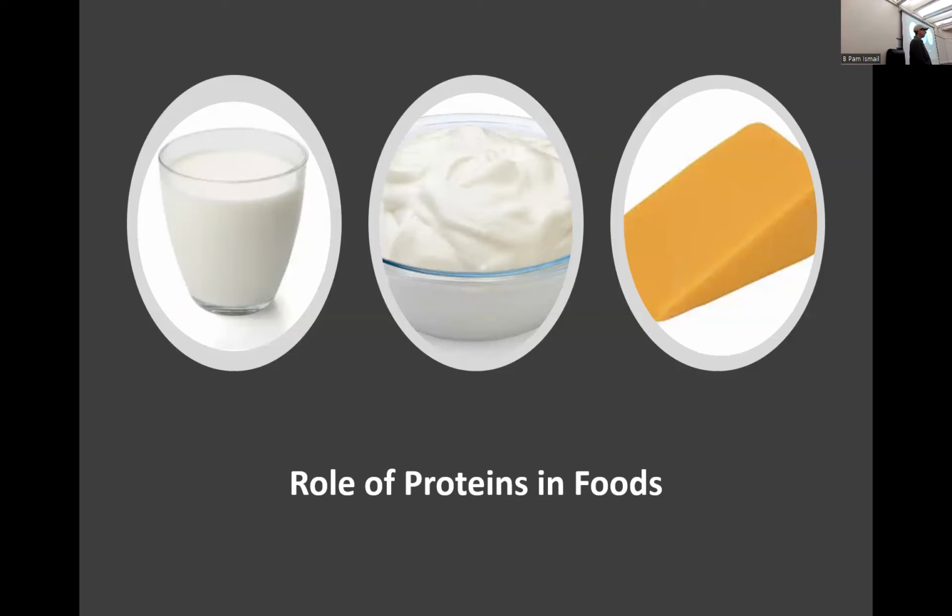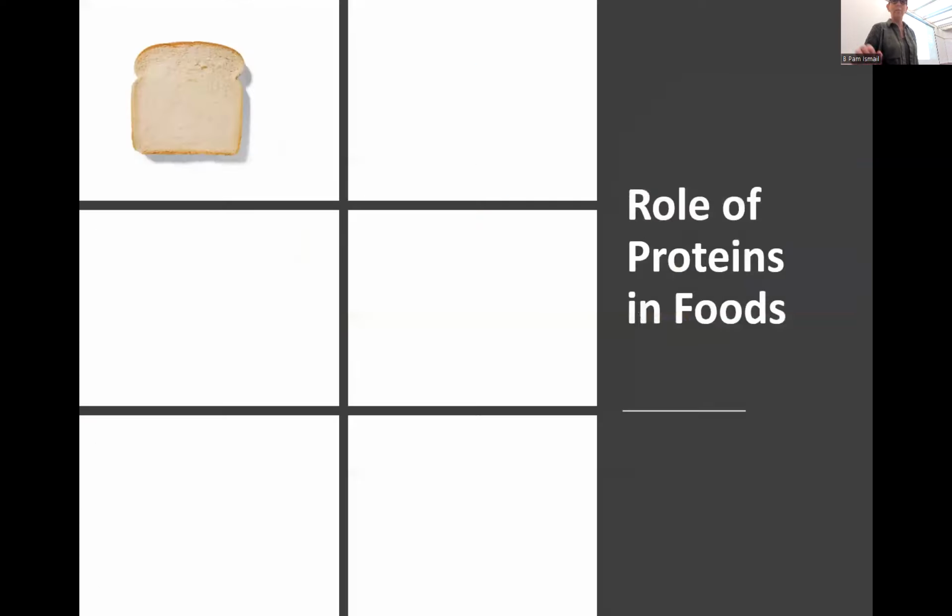All right, so first, look at the protein in dairy and the different functionality that gives you different textures and different food products. I usually bring here a variety of bakery items. One of them is your famous loaf bread. So what do we want of a loaf bread? We want volume, and then elasticity.